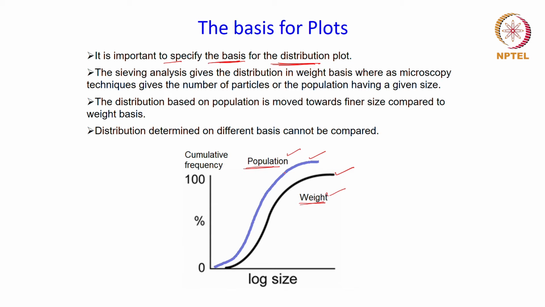So, this is why when you plot and represent the data, you should also mention the basis. Okay. And therefore, it is also true that distributions determined on different bases cannot be compared, right, because as I said, they are not going to be identical.